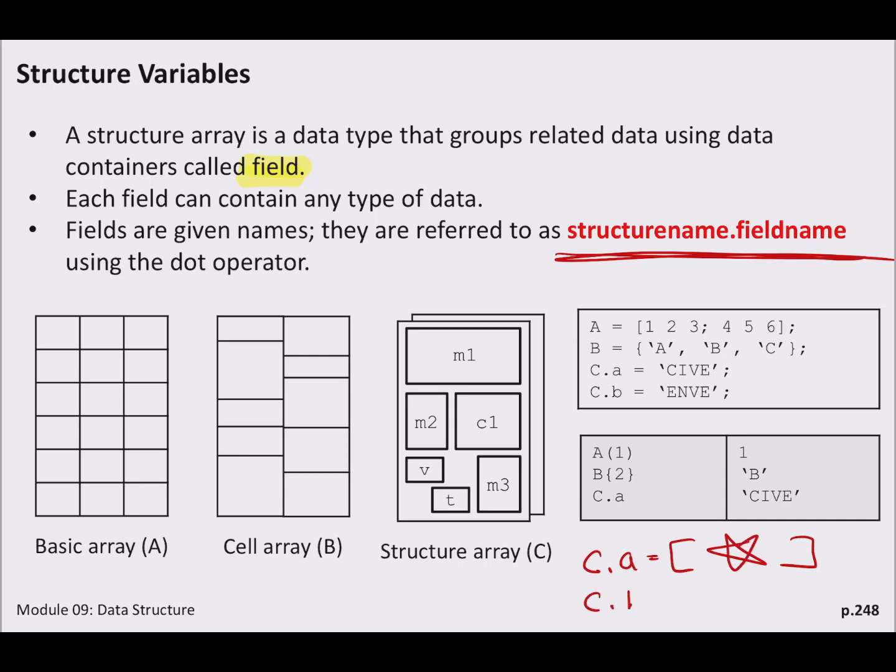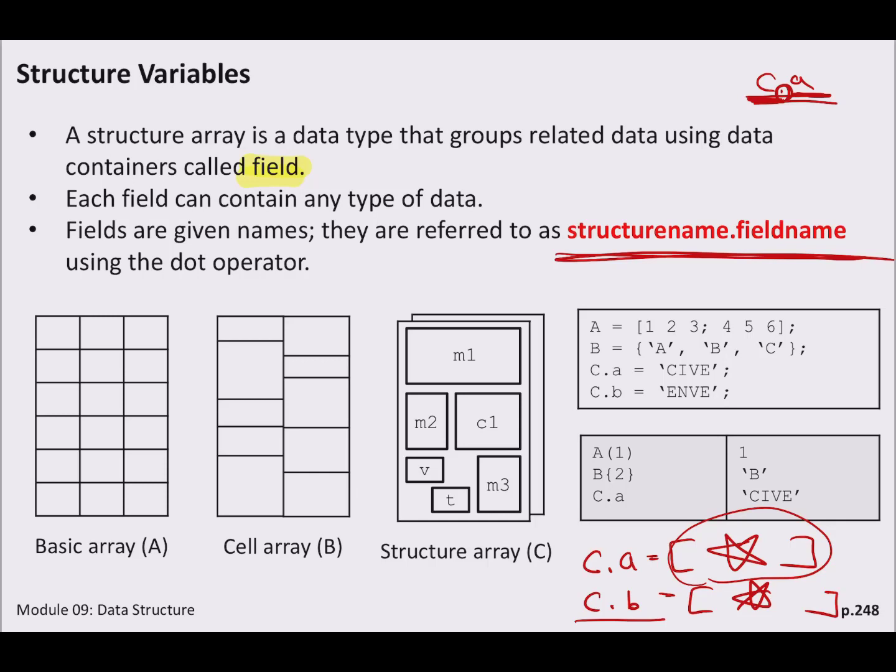C.B, you can store something, or a cell array. You can store any data type and any data size in this field. If you want to read this value, you can simply use this syntax: your structure variable name, dot, and then the field name. Okay, that's easy, right?